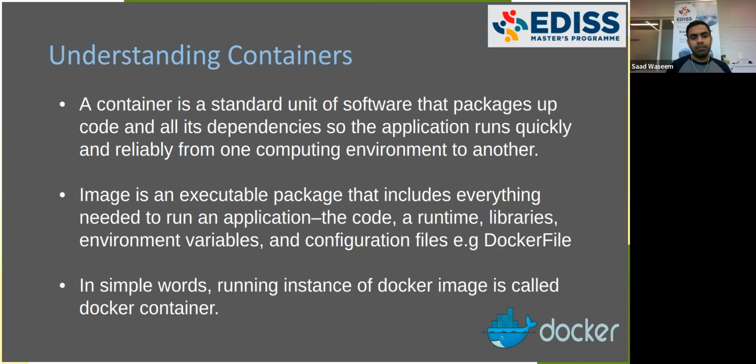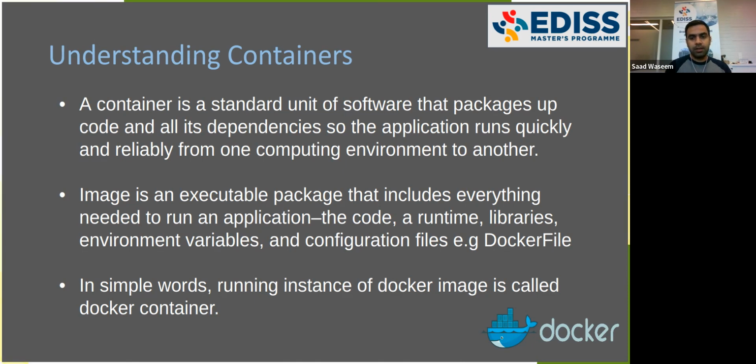Before building a container, we basically need to understand a few concepts that are related to containers, especially Docker. And now I move on to my next concept, that is about the images. So an image is basically an executable package that includes everything.